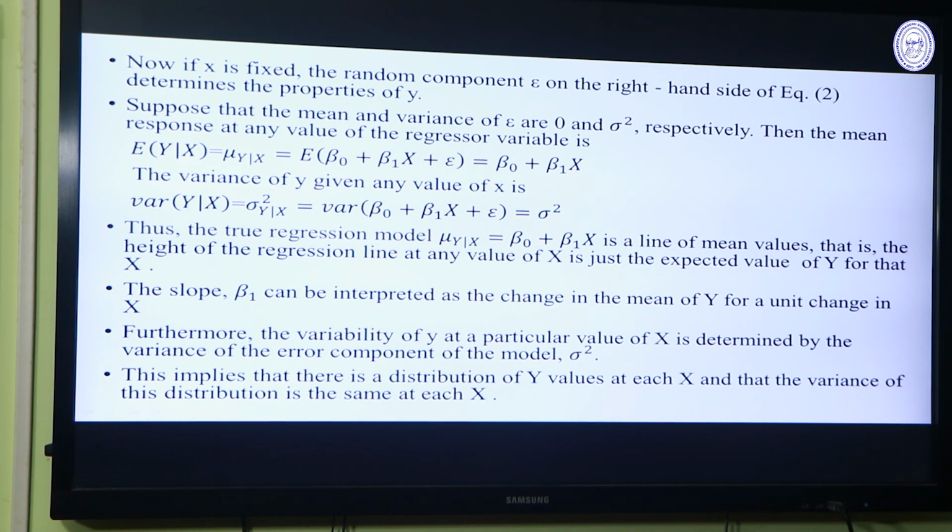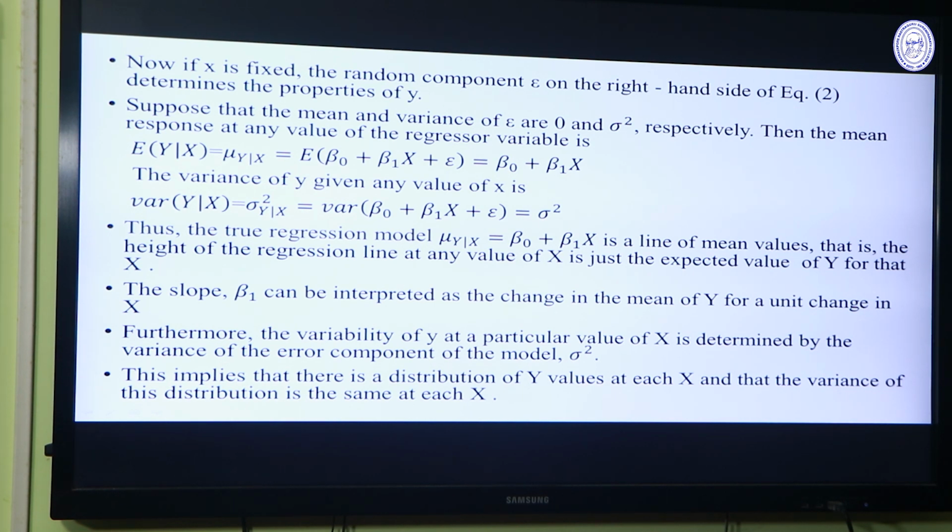And what will be the variance of y? Since x does not pose any problem in our model, since x is given, variance of y will solely depend upon the variance of the random error term. So, there is an intricate relationship between the variance of the error term and the variance of our dependent variable.